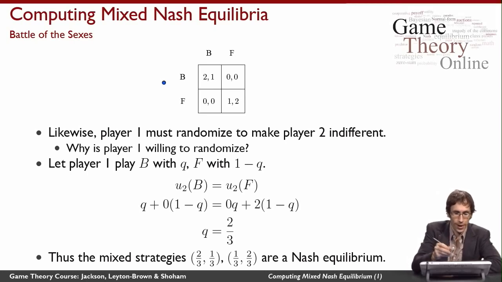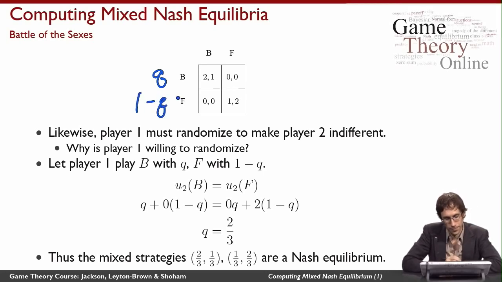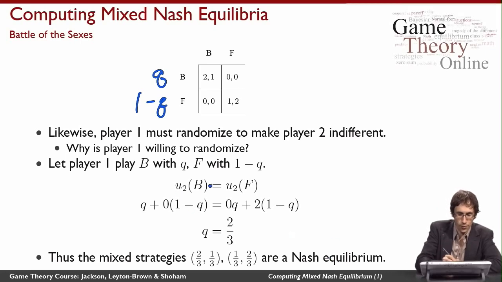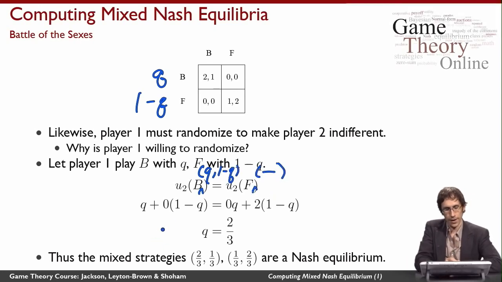So now let's say that player 1 plays B with probability Q and plays F with probability 1 minus Q. So now we can just do the same thing as before, where again, you should understand this to mean Q, 1 minus Q, and likewise here. And we can just expand it out in the same way.